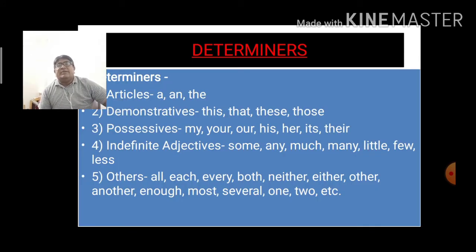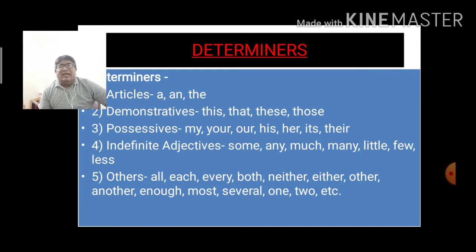Now let's see the kinds of determiners. The kinds of determiners are articles and the demonstratives: this, that, these and those. Number 3 is possessives: my, your, our, his, her, its and their. Number 4 is indefinite adjectives: some, any, much, many, little, a little, the little, few, a few, the few, less, and some others.